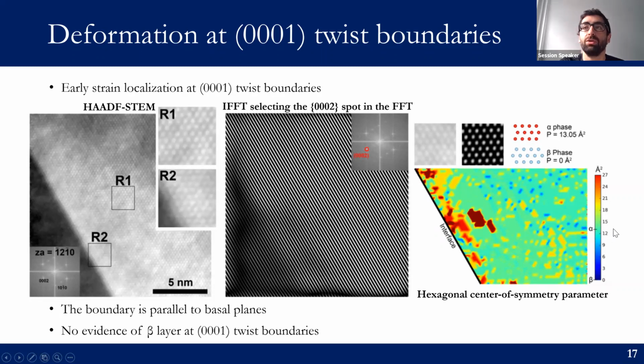Values are close to 13 everywhere in the grain and nowhere close to 0, showing that there is no beta phase in this grain. Similar characterization was carried out on the other side of the boundary and revealed similar conclusions, showing that there is seemingly no beta at these boundaries.